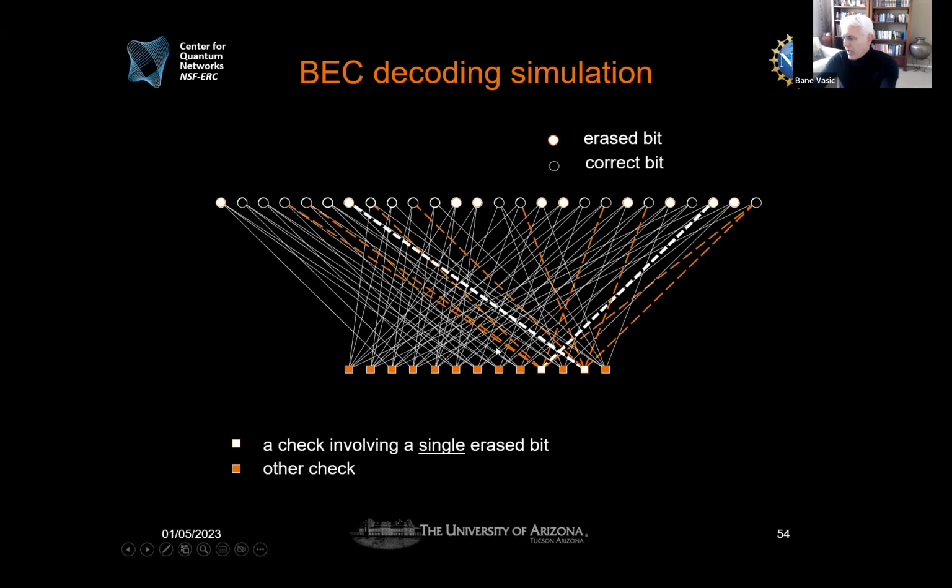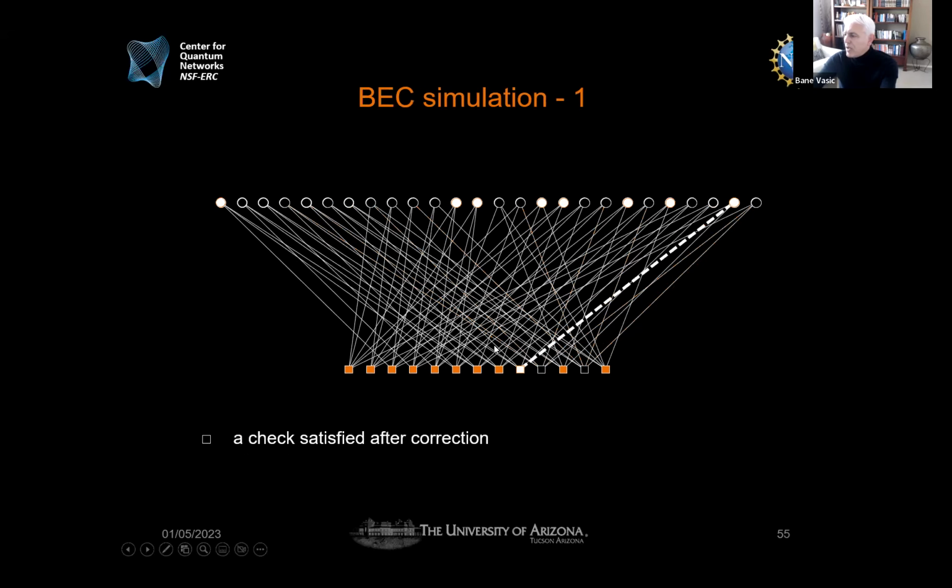So then I correct these bits, and then in the next iteration, I again find checks. These are checks that are already used, and I'm not going to use them again. And this is again a check that involves a single erased bit, so this bit can be corrected. In the next iteration, I again identify a check with a single erased bit, and so on.